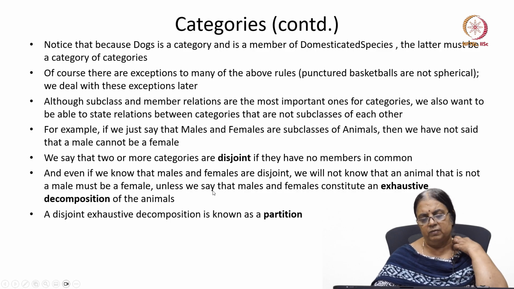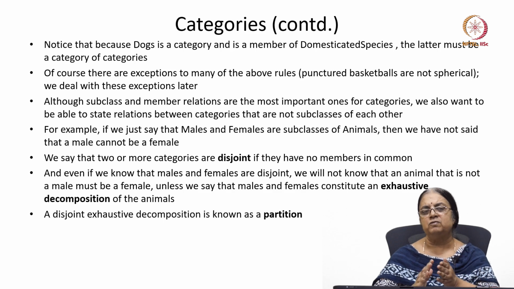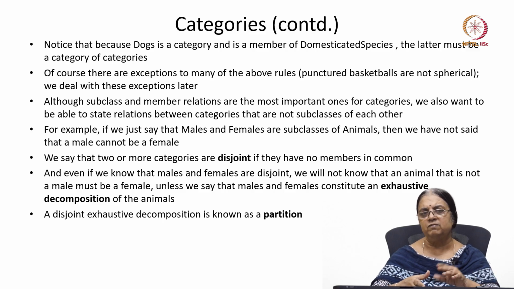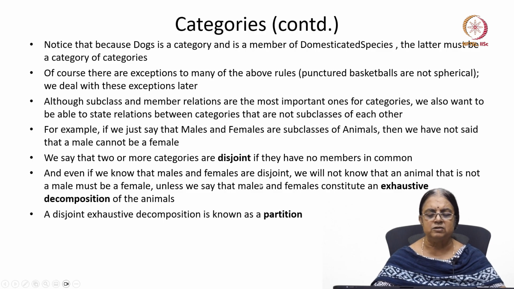For example, if you take males and females, they are disjoint, but also anyone who doesn't belong to the male category must belong to the female category, and anyone who doesn't belong to the female category must belong to the male category. So that forms an exhaustive decomposition of the animals. And if you have a disjoint exhaustive decomposition, it is called a partition.